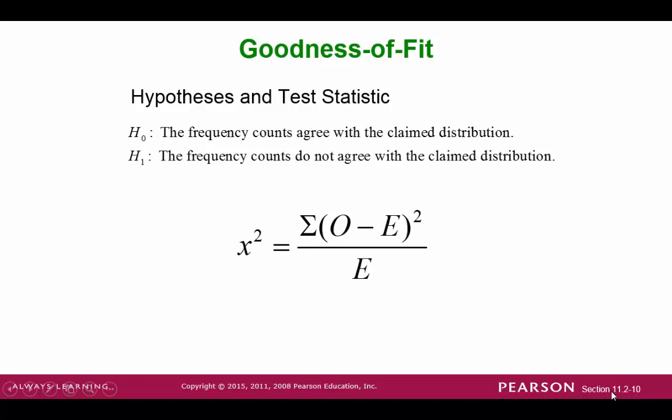The alternative hypothesis says that the frequencies do not agree with the claimed distribution. Our chi-square test statistic will be the sum of the list of observed minus expected frequencies quantity squared divided by the expected frequencies. So we will talk about how to compute this with our calculator.